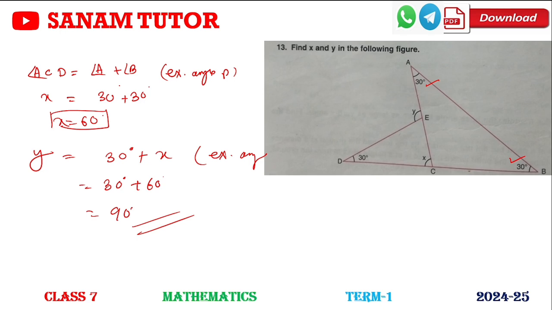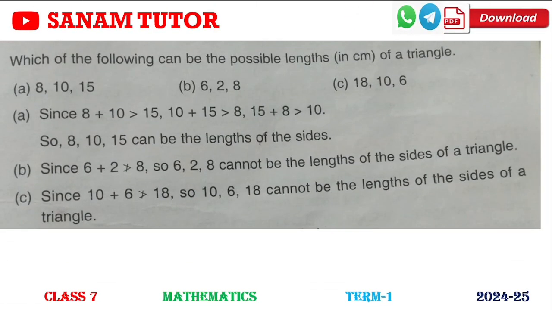So next, which of the following can be possible lengths in centimeters of the triangle? Okay, the first side is 8, the second is 10 and the third is 15. You remember the rule is the sum of any two sides must be greater than the third side. Okay, first we add 8 plus 10. So 8 plus 10 is 18. 18 is greater than 15. Yes, it satisfies.